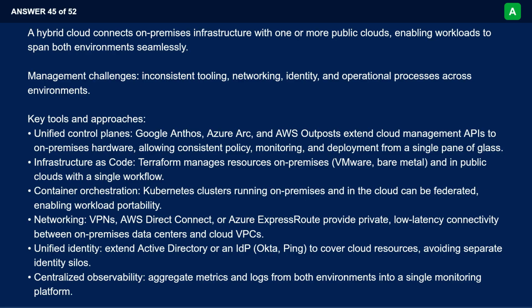VPNs, AWS Direct Connect, or Azure ExpressRoute provide private, low-latency connectivity between on-premises data centers and cloud VPCs. Unified identity. Extend Active Directory or an IdP, Okta, Ping, to cover cloud resources, avoiding separate identity silos. Centralized observability. Aggregate metrics and logs from both environments into a single monitoring platform.